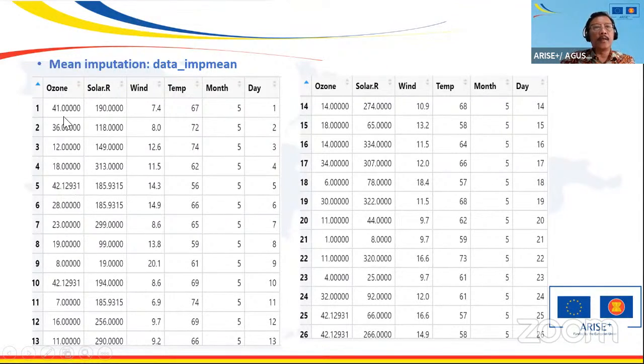This is the mean of all of this. Also, line 6 and 5 of solar was missing. So the imputed value, of course, is the same, because the mean of this variable is only one, 185. They're the same. So this is an illustration of the mean imputation.